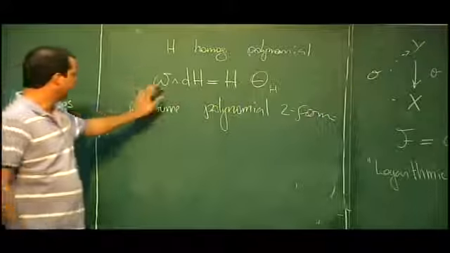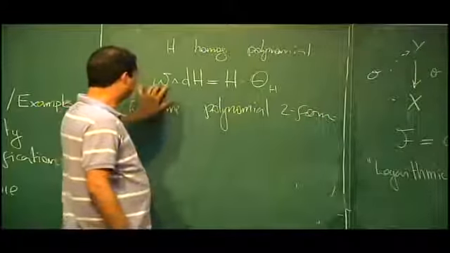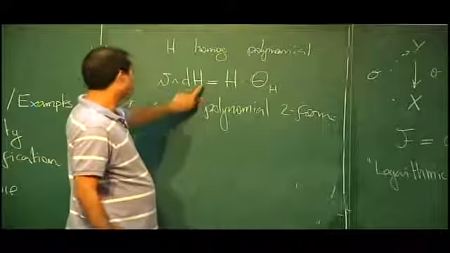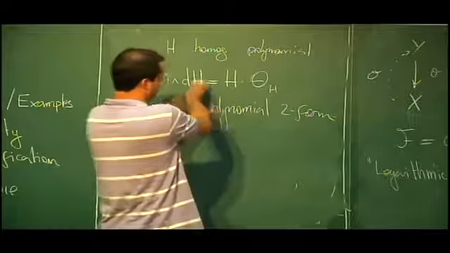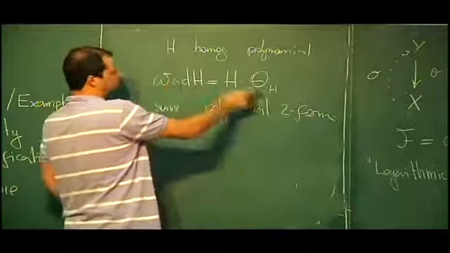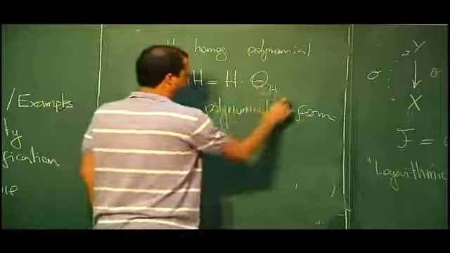So it's certainly an algebraic equation involving a foliation, or one form omega, a polynomial of fixed degree, and a two form whose coefficients will have degree D.